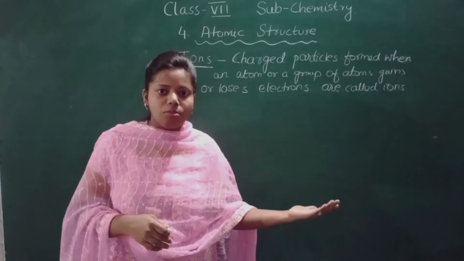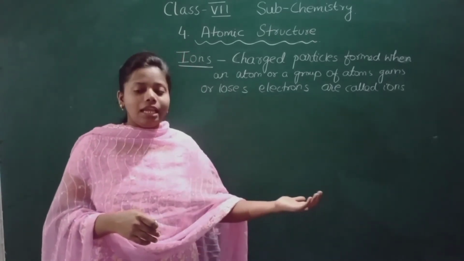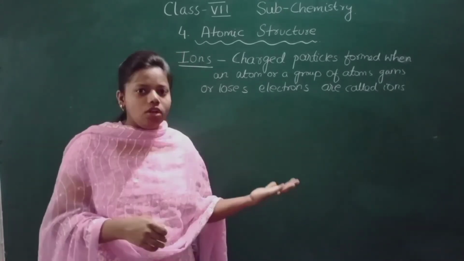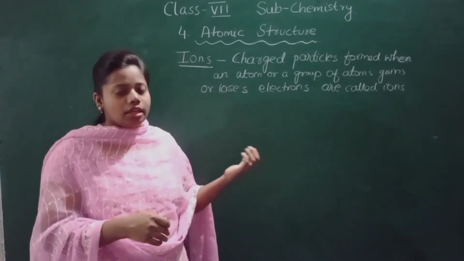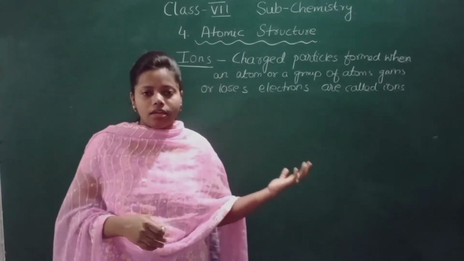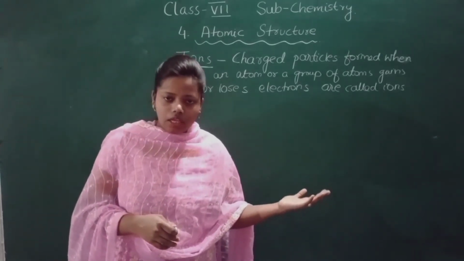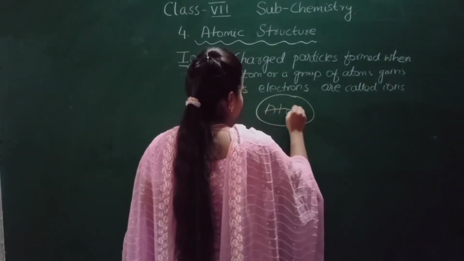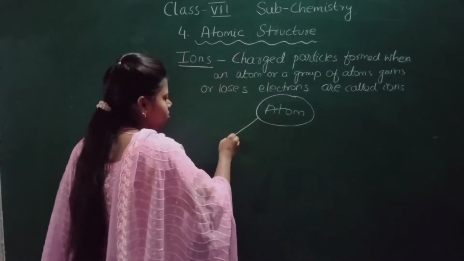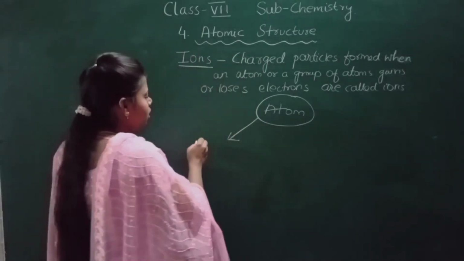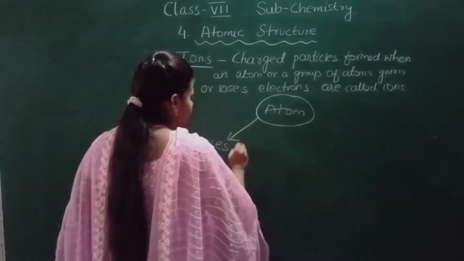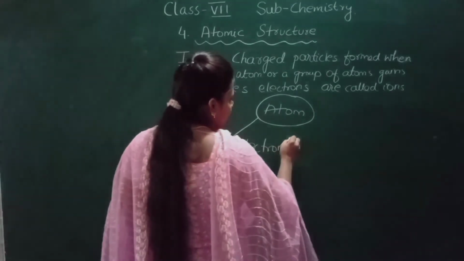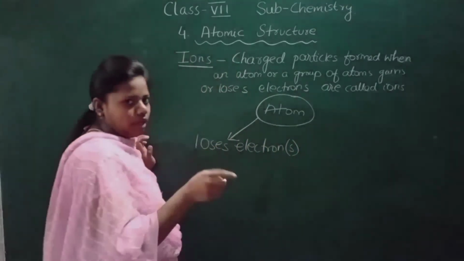I have already told you that when it loses the electron it will become positively charged, and when it gains the electron it will become negatively charged. So what do we call it when the atom gains the electron, and what do we call it when the atom loses the electron? Let's see here that is the atom. When the atom loses electron, we write electron with an (s) in brackets. Why?